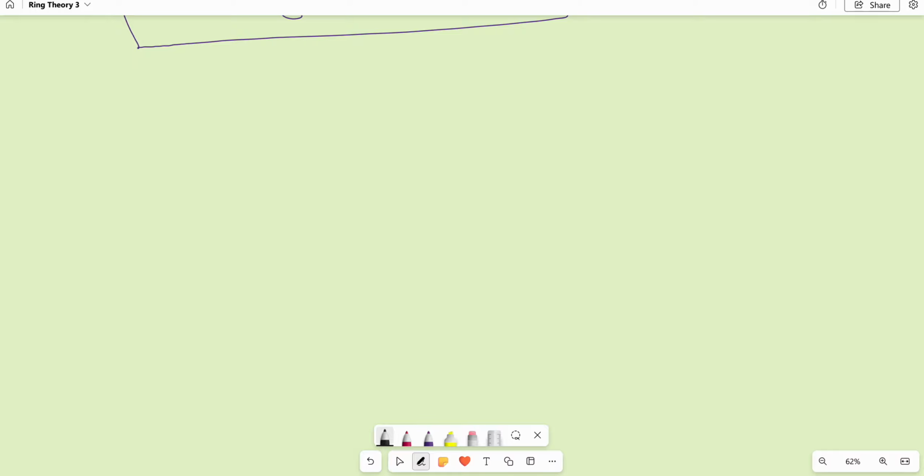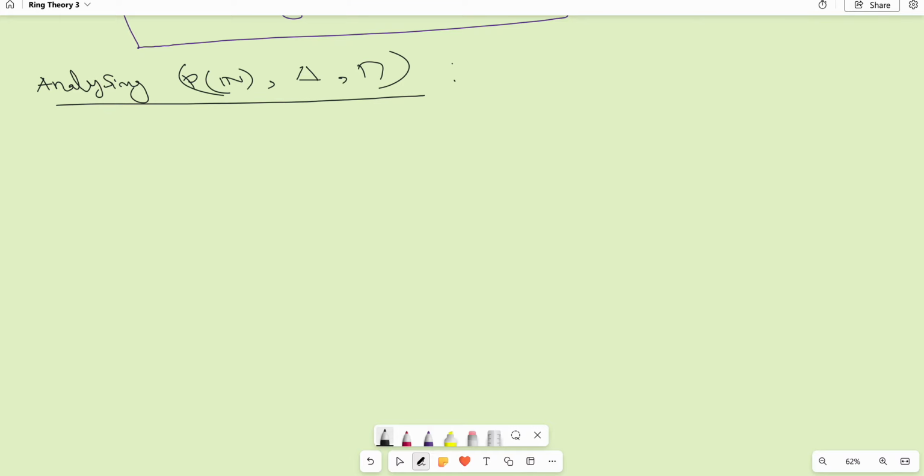My point is, while analyzing the power set of natural numbers with respect to symmetric difference and intersection, we know the zero element is the empty set, and the unit element is the entire natural numbers, 1R.